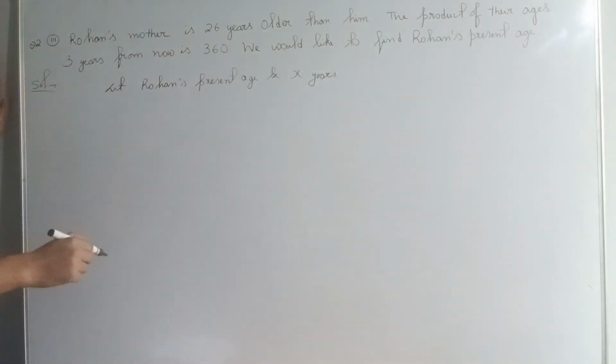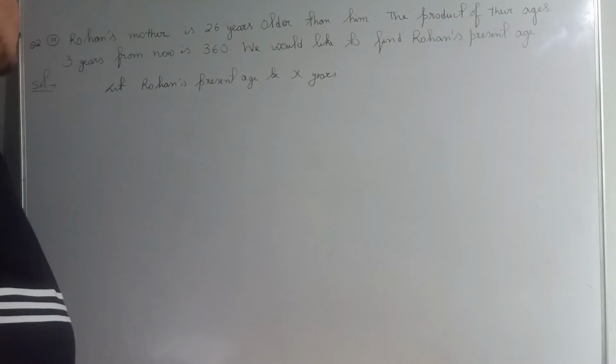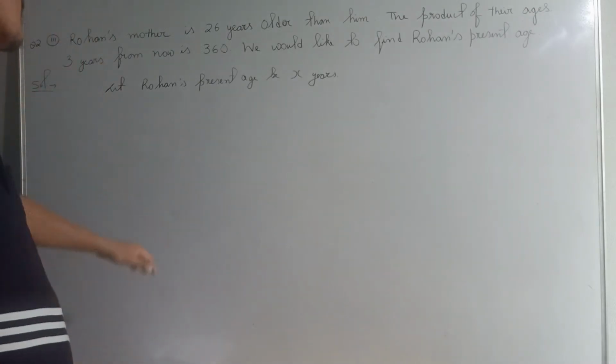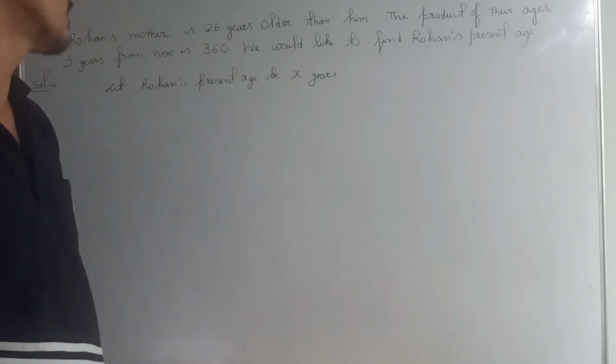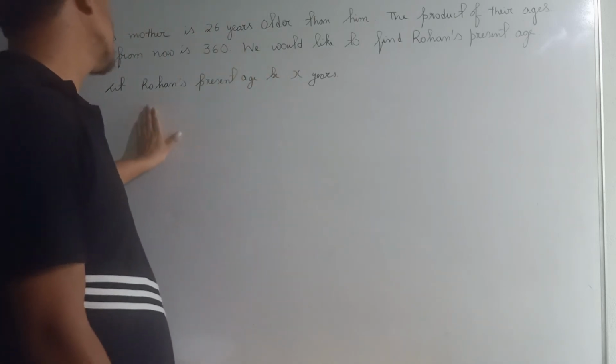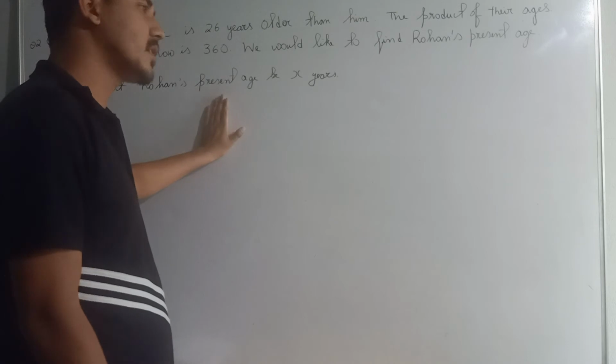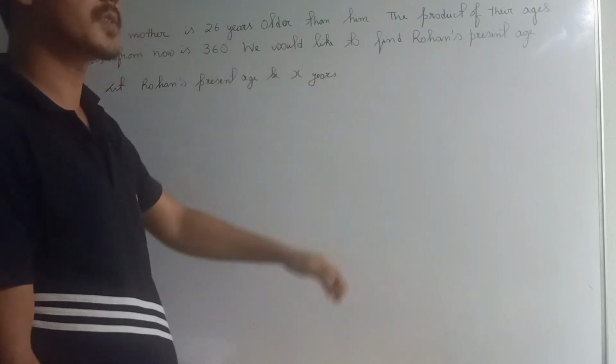Currently, Rohan is X years old. Then his mother is 26 years older than him, 26 years more than Rohan's age. So in that case, Rohan's mother's age will be X plus 26 years.